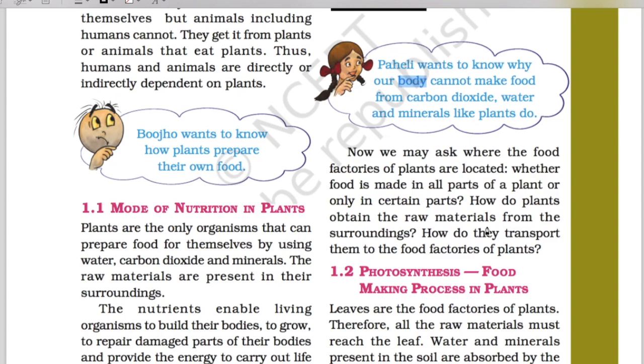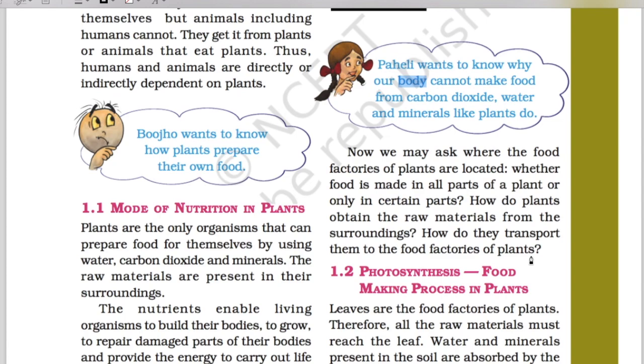The question is how do plants obtain the raw materials from the surroundings? How do they transport them to the food factories of plants? From where do you get the raw rice?